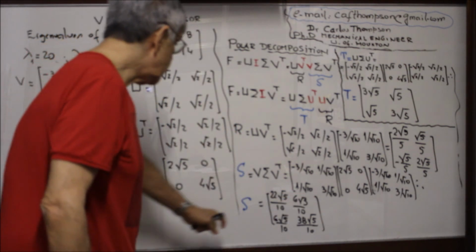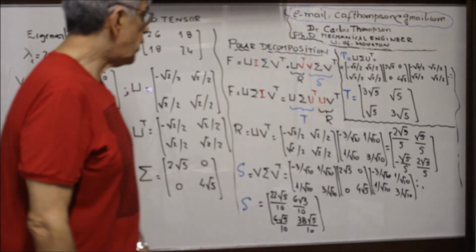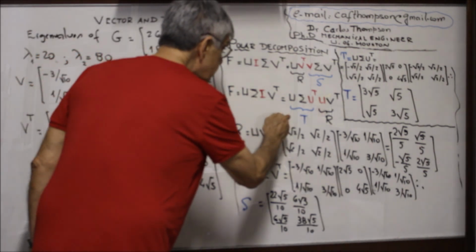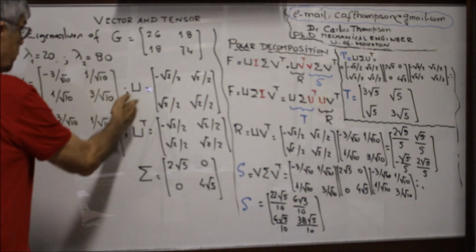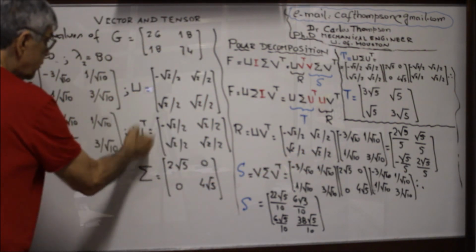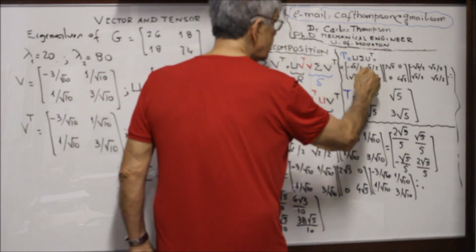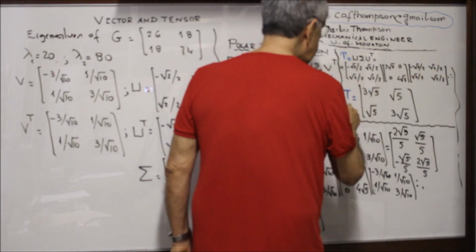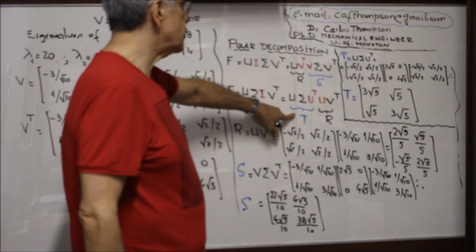So this is the right stretch tensor. Now for the left stretch tensor, we use U sigma U transpose. So let's multiply these matrices, and we have the left stretch tensor T.